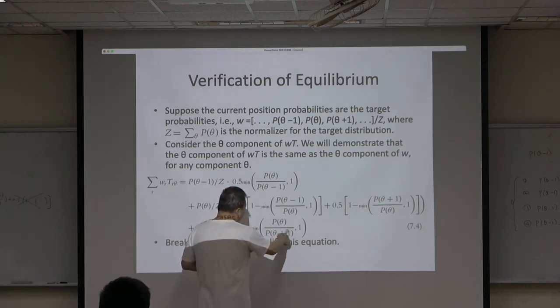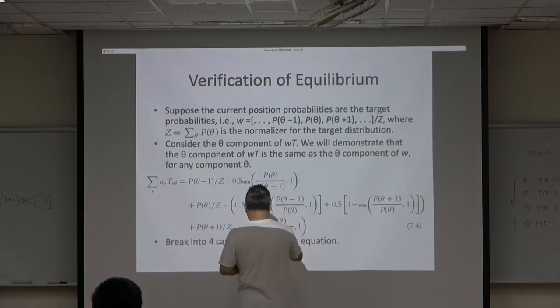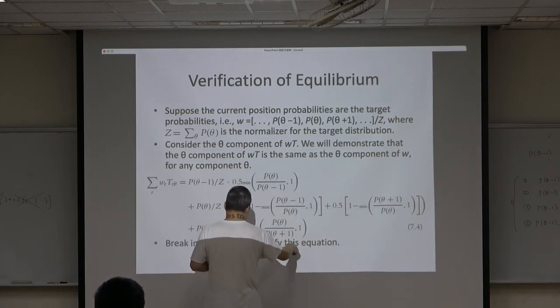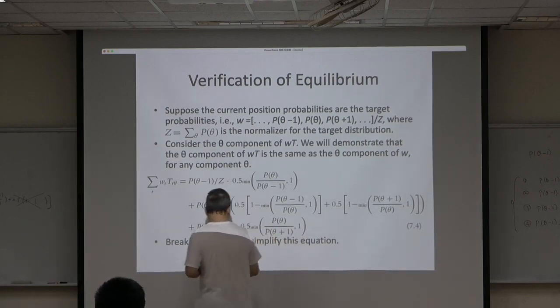We know p theta plus 1 is bigger, right, in the first case. So this term is going to be smaller than 1. So we are going to take this.